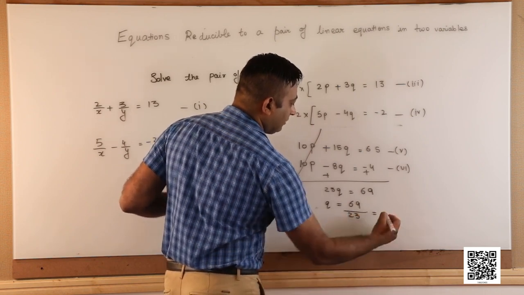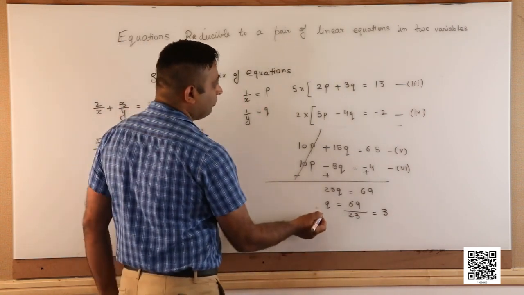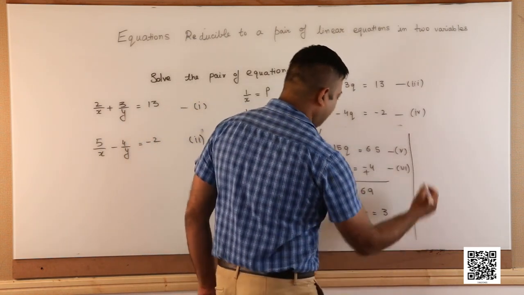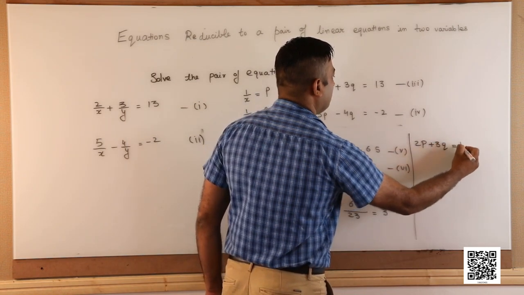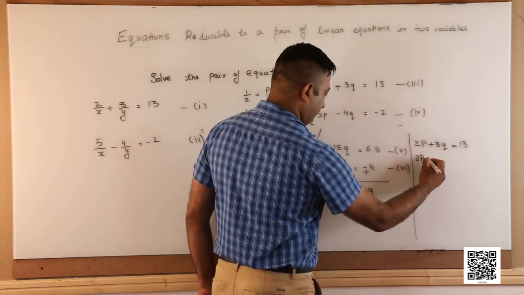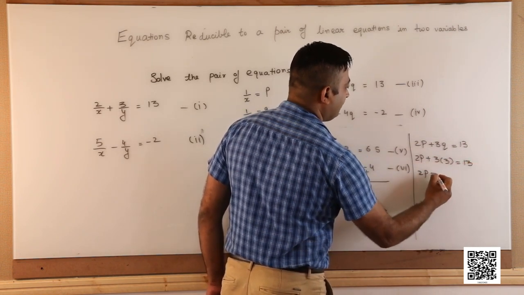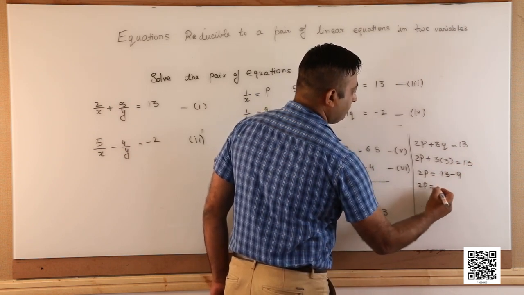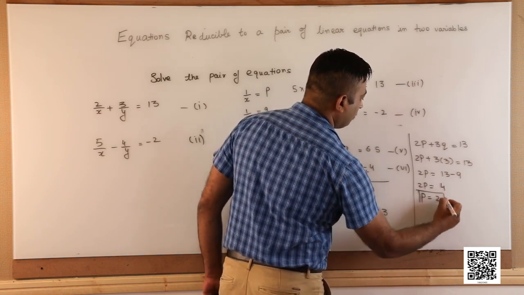That means q is equal to 3. After substituting the value of q in any of the equation number 3 or 4, we can get the value of p. That is 2p plus 3q is equal to 13, means 2p plus 3 into 3 is equal to 13. That is 2p is equal to 13 minus 9. That is 2p is equal to 4. That means p is equal to 2.